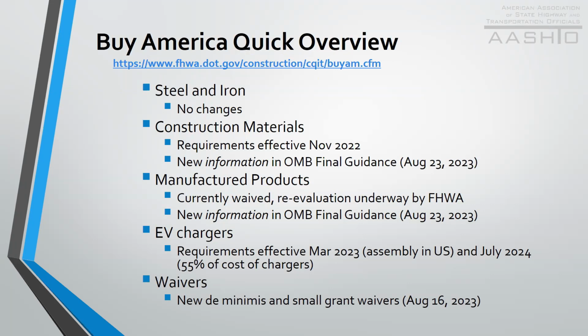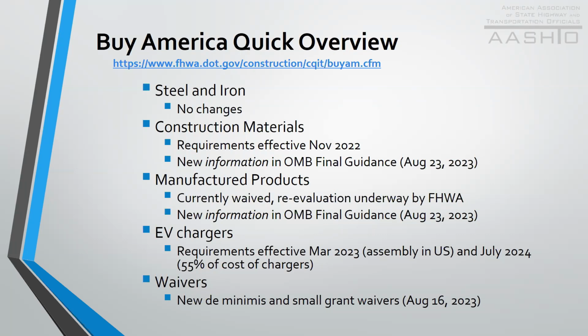New information in the OMB final guidance per the guidance communicated August 23rd, 2023. Manufactured products, they are currently waived. Reevaluation is underway by FHWA. New information is also available in the OMB final guidance, August 23rd, 2023.